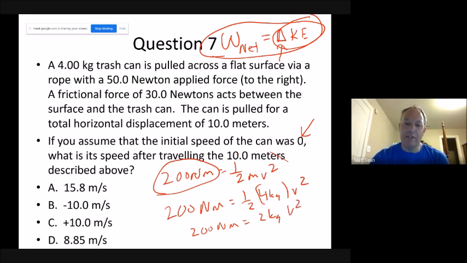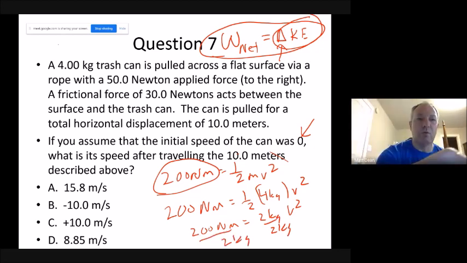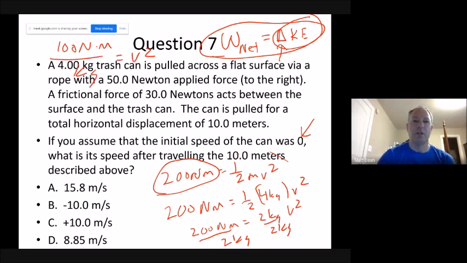I'm going to divide both sides by 2 kilograms. So I'm going to end up with 100, and I'm going to come up here to the top where I have a little space, Newton meters per kilogram equal to V squared.